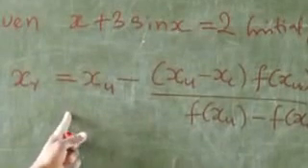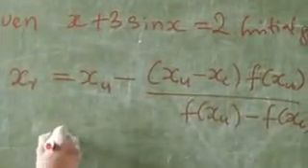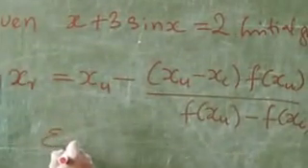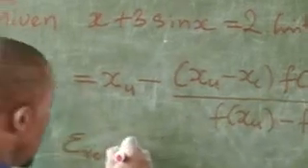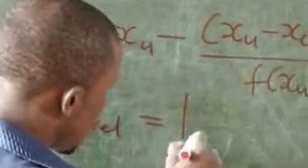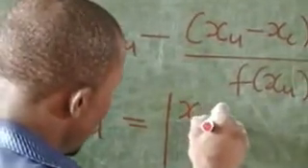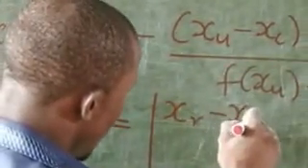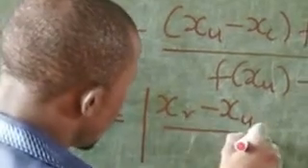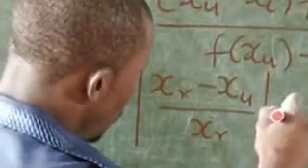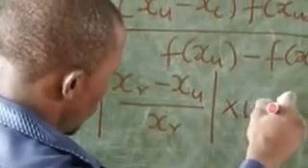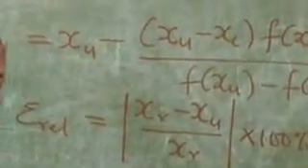If you're using this formula, you calculate the relative tolerance using epsilon relative equals the absolute value of xr minus xu divided by xr, all multiplied by 100. Of course, 100%.